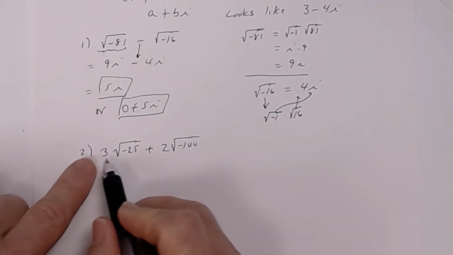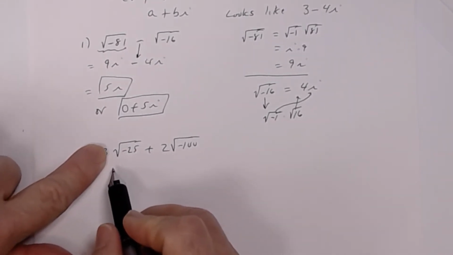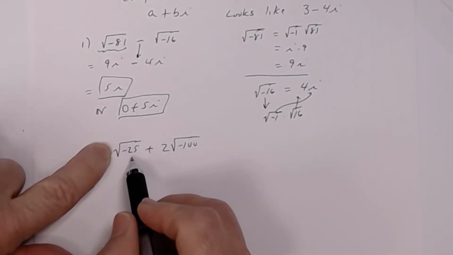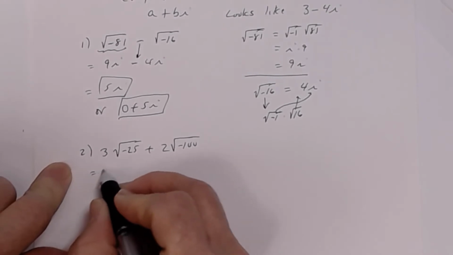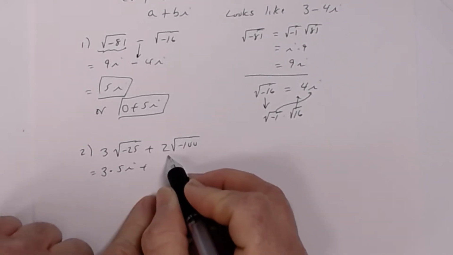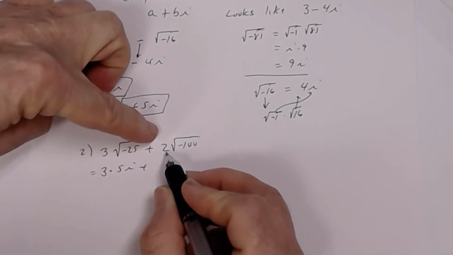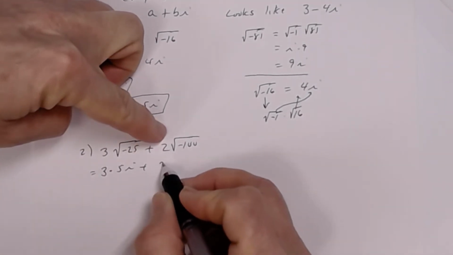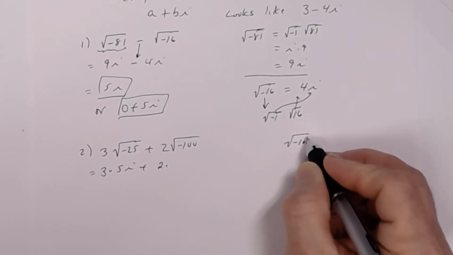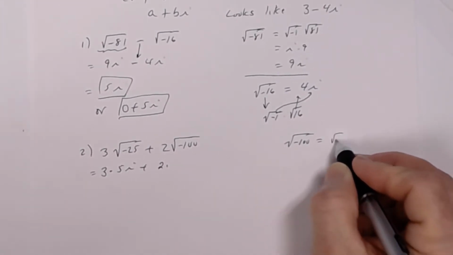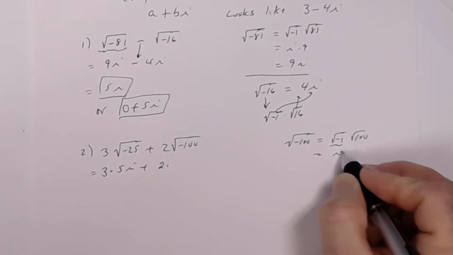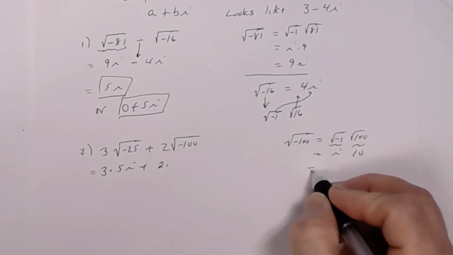So if you cover up that coefficient 3 here, we know that the square root of a negative 25 is 5i, so I get 3 times 5i plus, and then over here do the same thing. So remember, this right here means 2 times, and then the square root of a negative 100 is the square root of a negative 1 times the square root of 100. And so this is i, this is 10, so I get 10i.